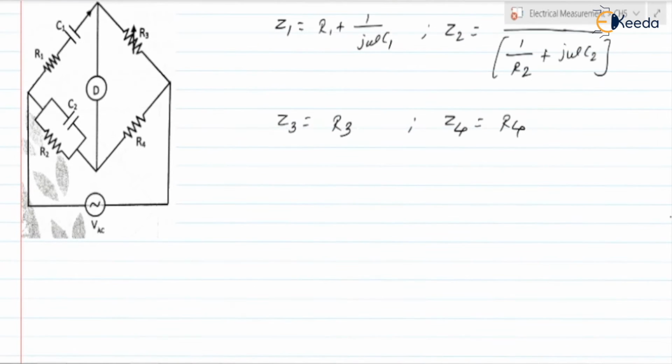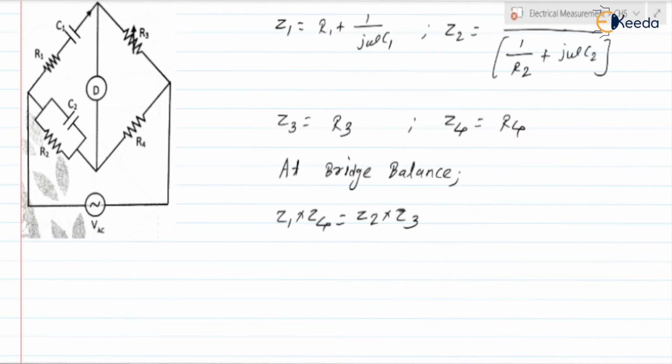At bridge balance, we know Z1 Z4 is equal to Z2 Z3, right?